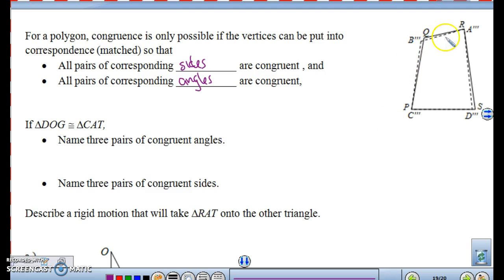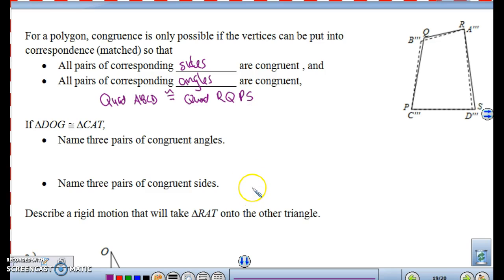So the diagram that we just did, R had to correspond to A, Q is corresponding to B, C is corresponding to P, and S is corresponding to D. So that means that quadrilateral, the original one that we had, ABCD, would be congruent to quadrilateral in the same order, R, Q, P, S.